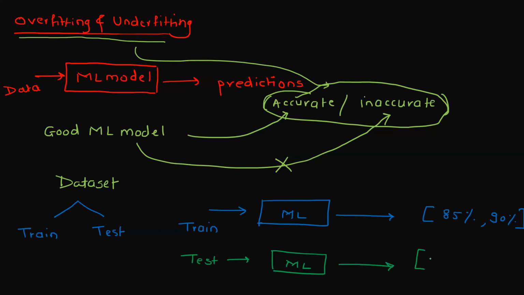If that accuracy is 80% or 92%, something like that, we can say that this model is performing well. But what happens if we get a different accuracy?